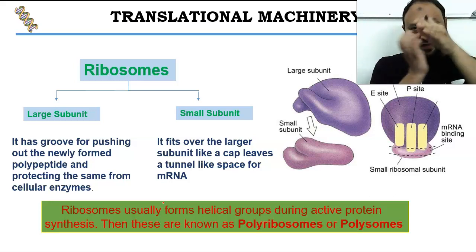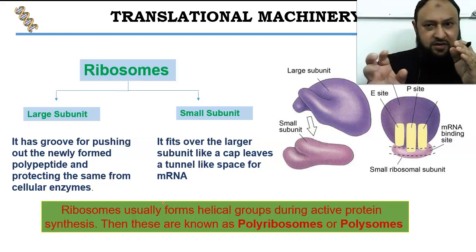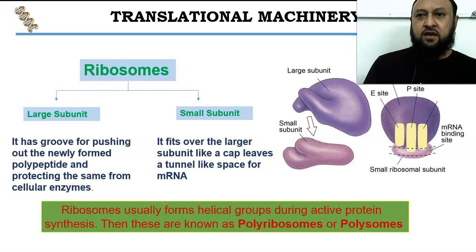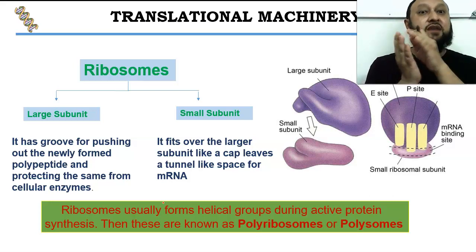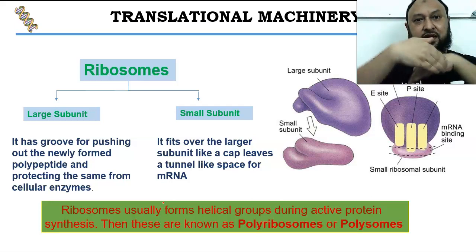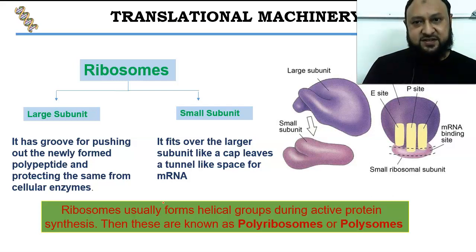Ribosome, as I told you, has a larger subunit and a smaller subunit. When they associate, the larger subunit has a groove, as you can see in the picture, so that the newly formed polypeptide is protected from the cellular enzymes, which will not affect the newly synthesized polypeptide chain.